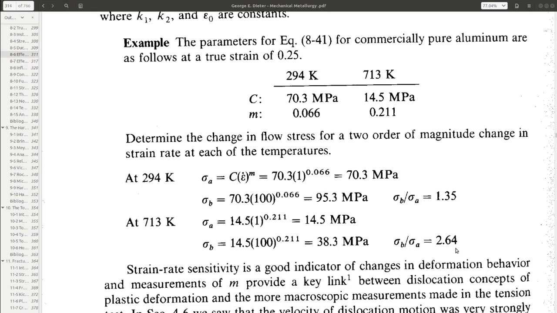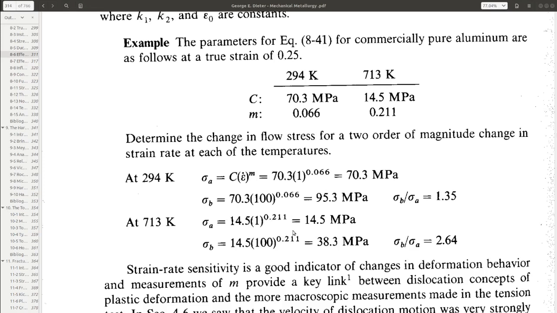The yield strength value has more than doubled due to the different strain rate. So the main influence is due to this factor. Of course there is also an influence from the other, but this is a very big influencer.